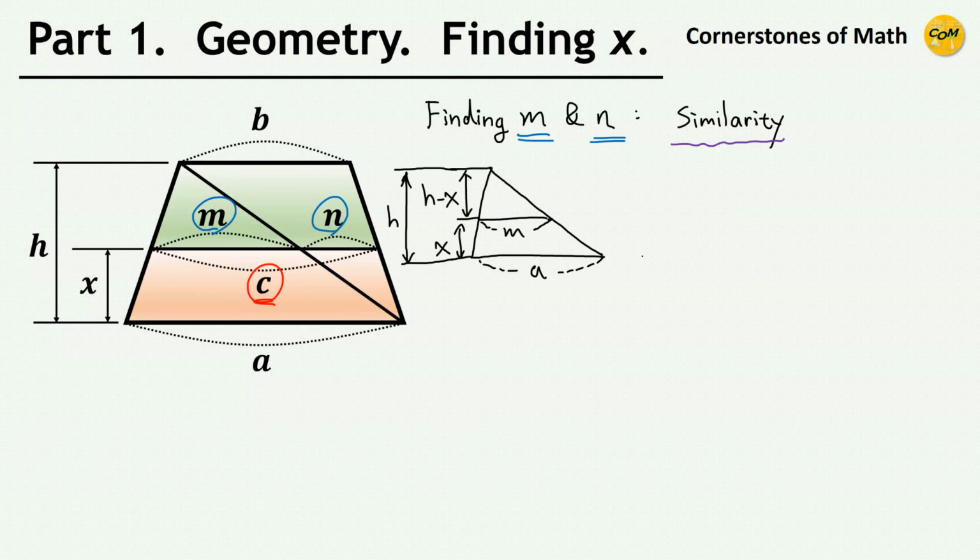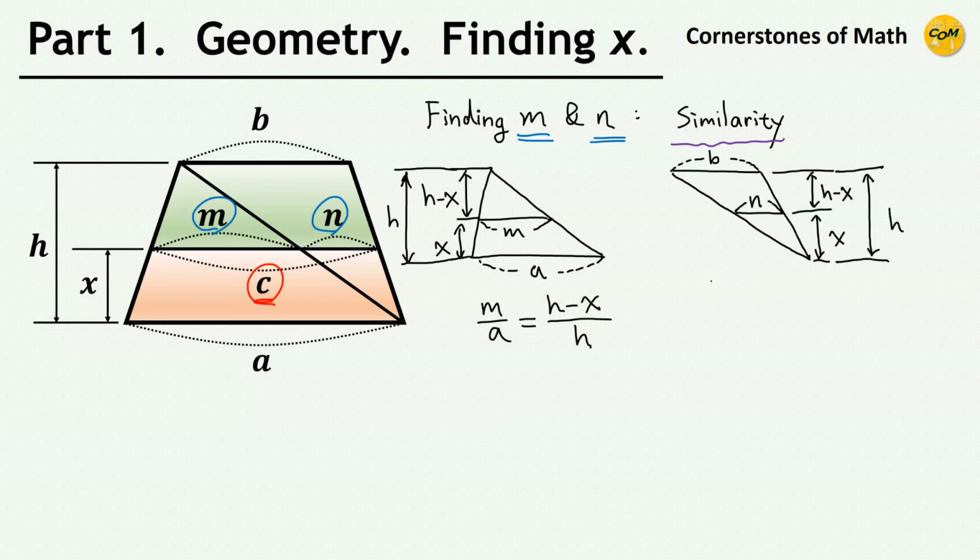First, from the similarity of these two triangles, the ratio between M and A is equal to the ratio between the heights of the triangles, which is h minus x to h. Next, from the similarity of these two triangles, the ratio N to B is also equal to the ratio between heights, which is now x to h.